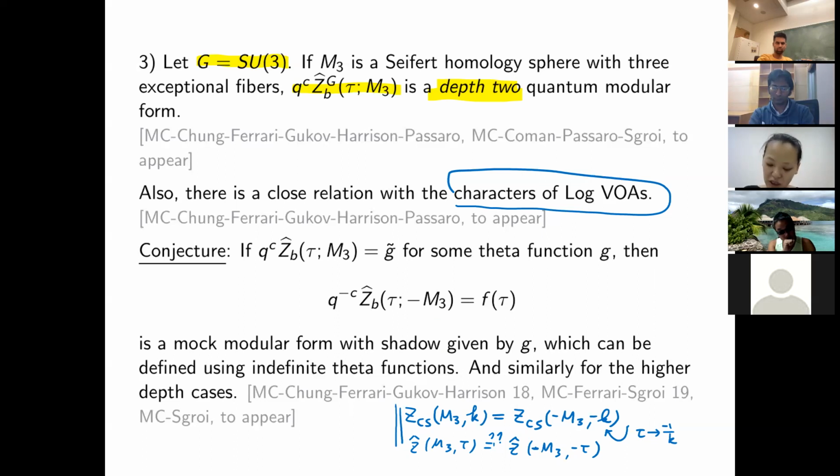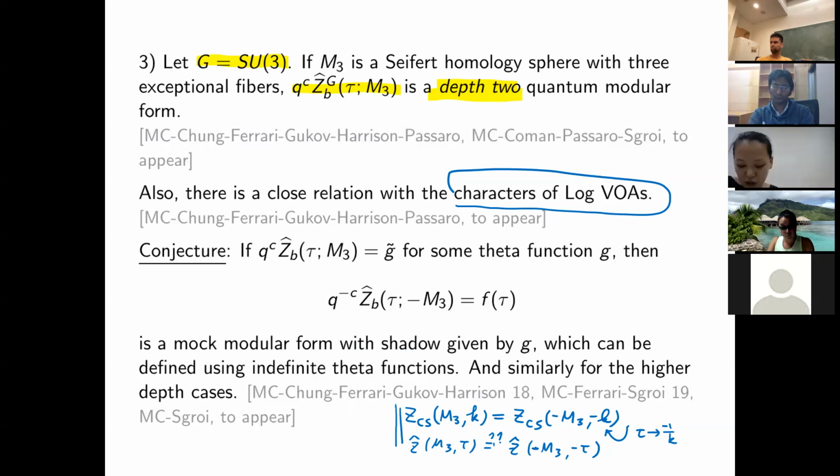So the conjecture is that indeed, if before flipping you know for sure that the answer is an Eichler integral of some modular form G, then you expect that after you flip the orientation, the answer is a mock modular form whose shadow is given by G.